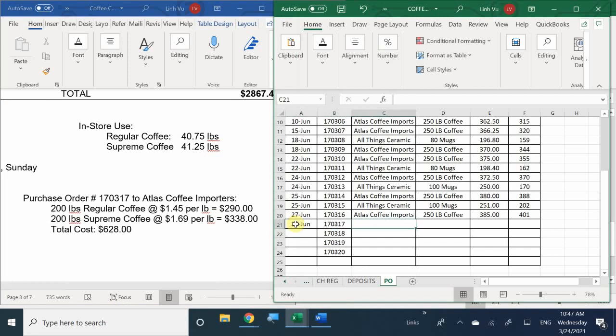6:30. All right. We made a request to Atlas Coffee to order how much more coffee this time? 400 pounds. We want 400 pounds of coffee. All right. And the invoice is outstanding for $628.